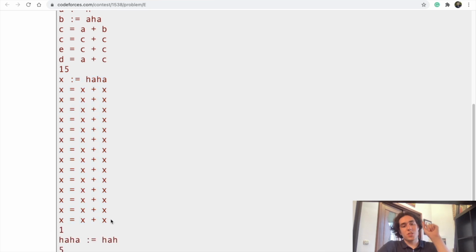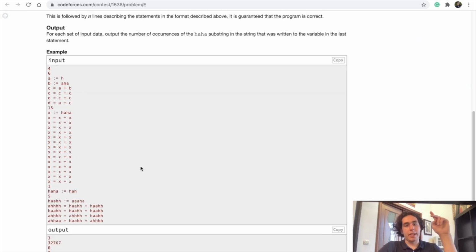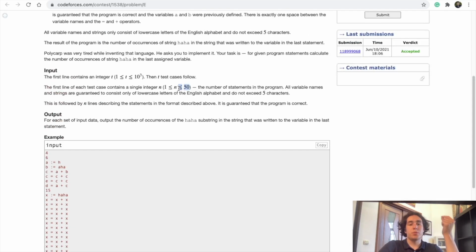The size of the string can be multiplied by 2 every time, and if we perform 50 operations, it's like 2 to the power of 50, which I guess is 10 to the power of 15, a really big number. We can't store this long string.